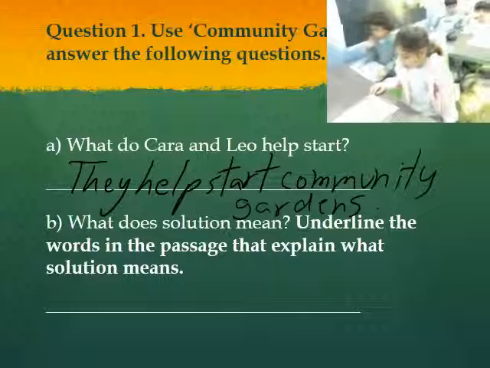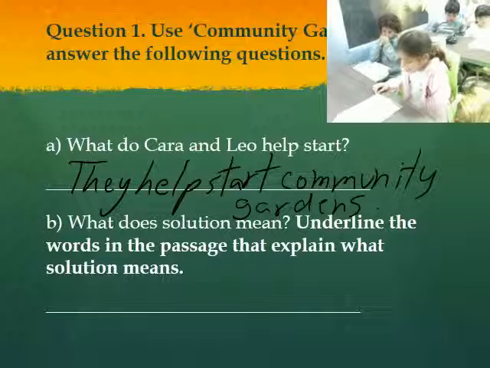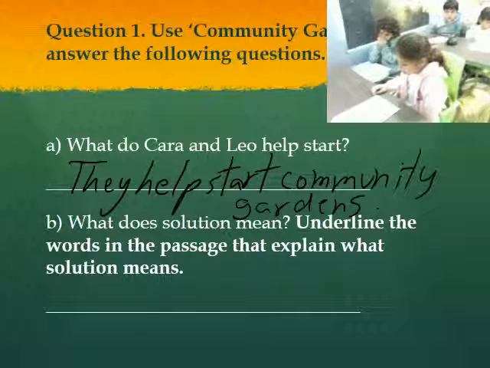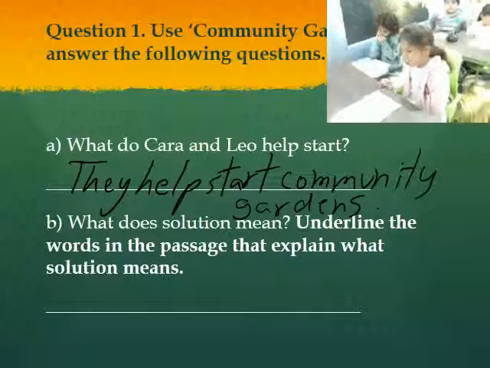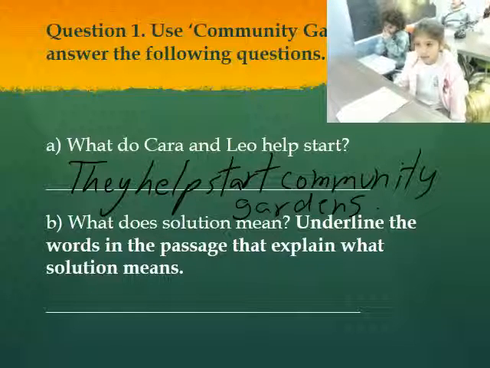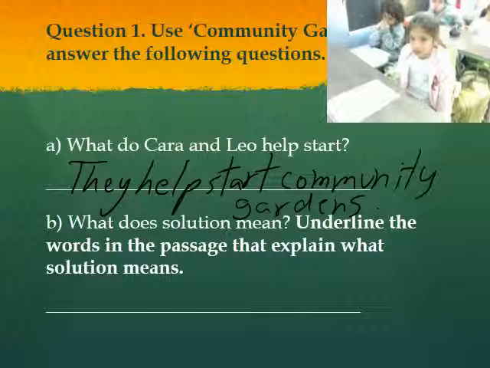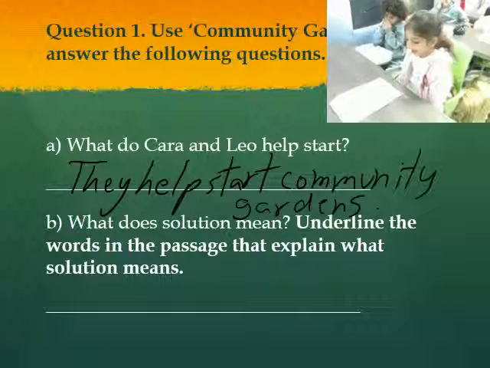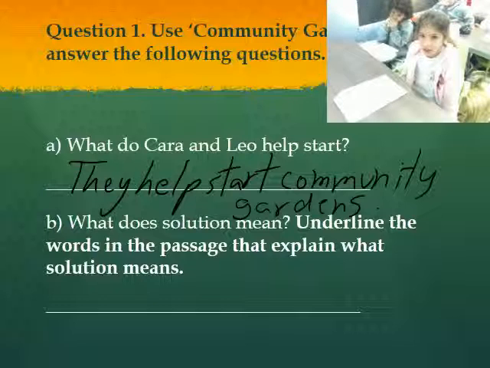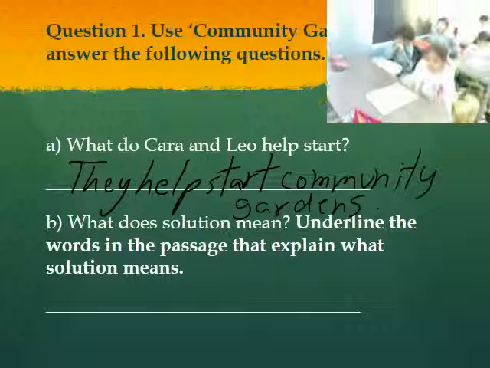When they solve the problem, work begins, people volunteer. Okay, what is solving a problem? It is called a what? Solution. A solution, excellent. So a solution is to solve a problem.